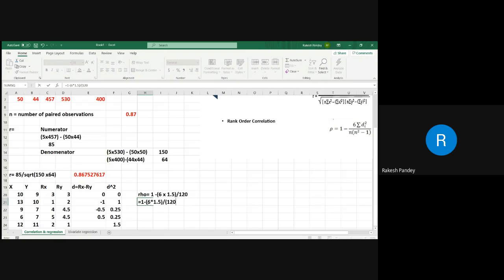I am putting bracket for safer side. So this is 0.93. So this was 0.87 and this is slightly higher because we are working with rank score, not the actual score. So this is the computation of rank order correlation. Any question or query?